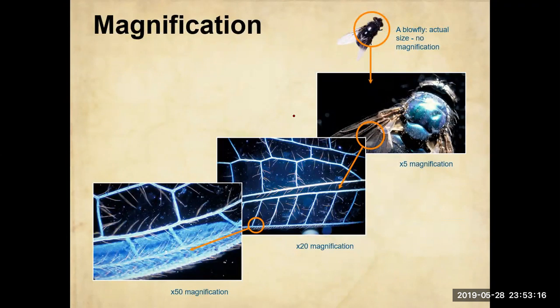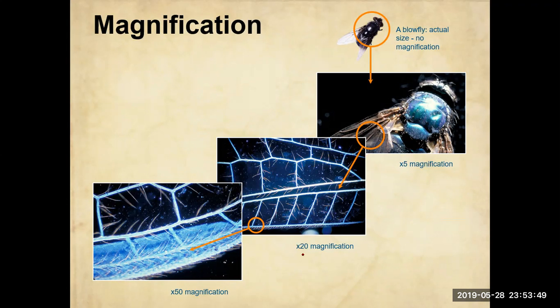Okay, what does magnification mean? Here is a fly. In this picture, this is the real or actual size of the fly. What happens when you magnify? Here there is a magnification of 5 times, so of course you will see the fly 5 times larger compared to the actual size, as written x5.